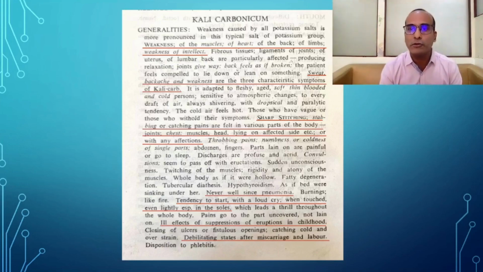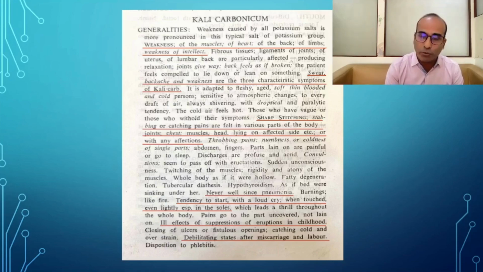Then he talks about more causation: ill effects of suppression of eruption, or debilitating states after miscarriage or labor. So the Kali Carb patient will have aggravation after delivery, after abortion. That is one more causative factor we get.